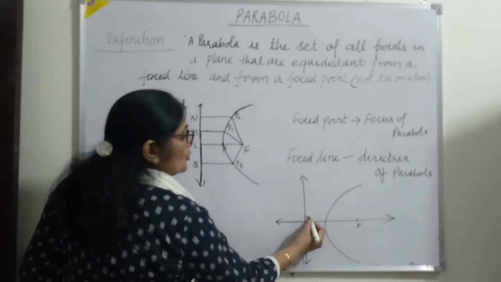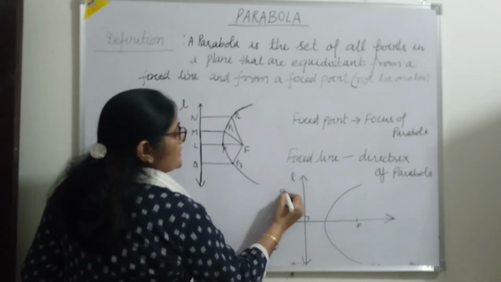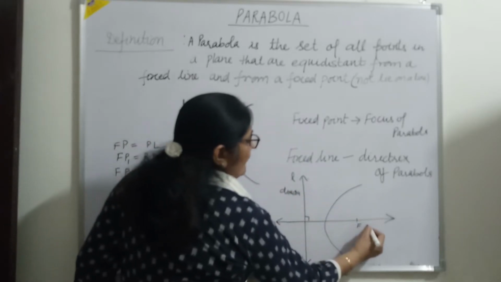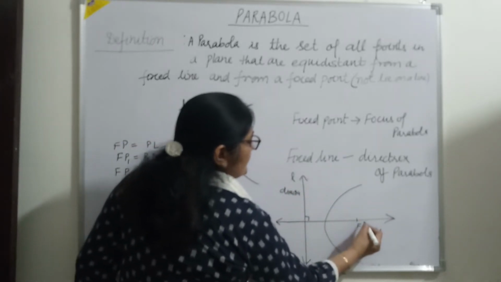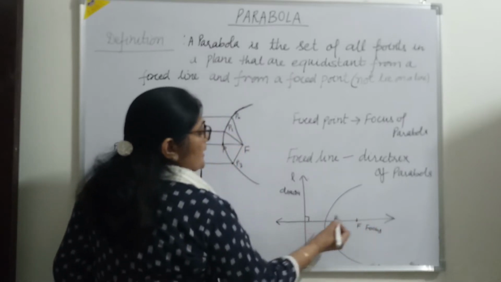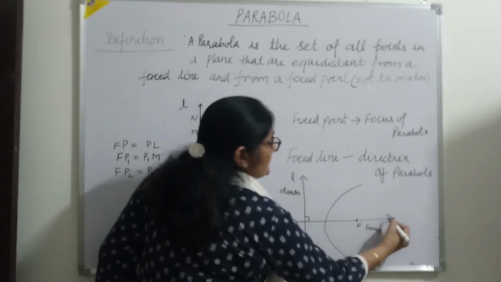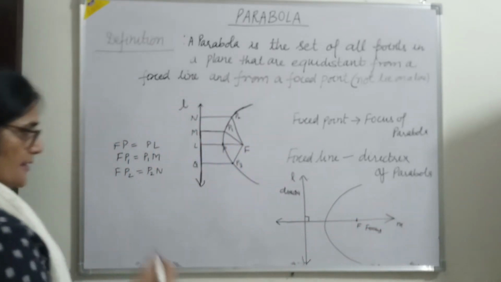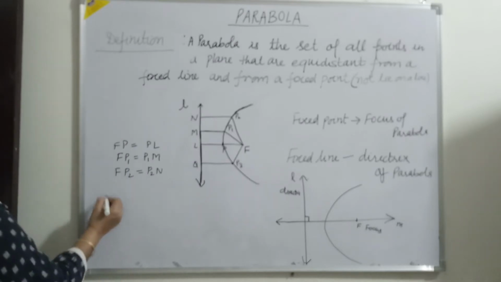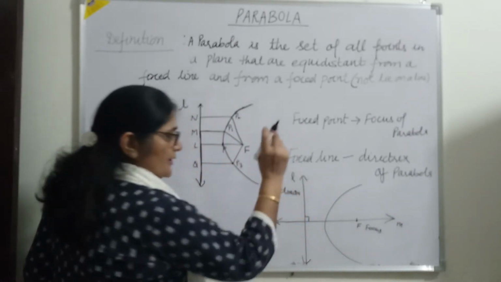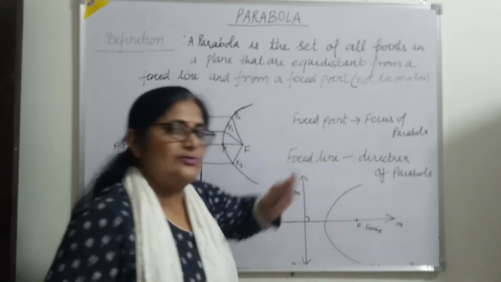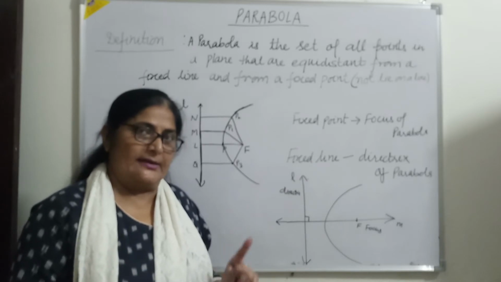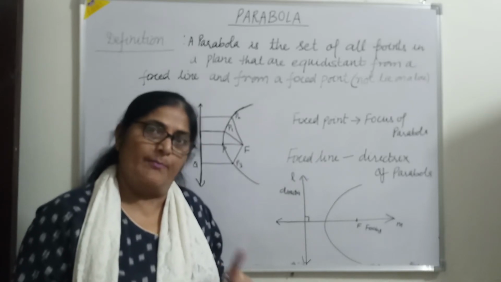Let this line be M, perpendicular to L, and M is passing through the focus. A line through the focus perpendicular to the directrix is called the axis of the parabola.